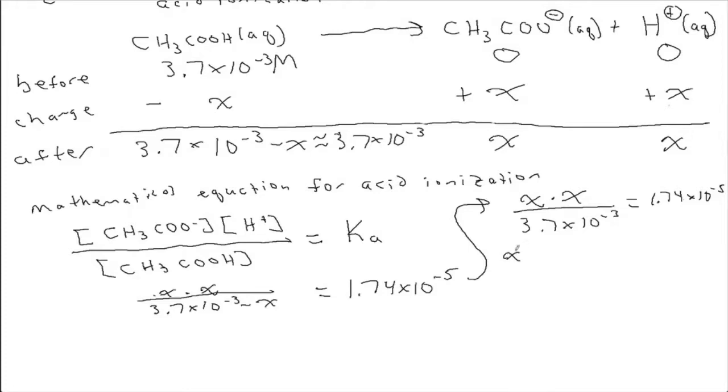So X squared is equal to 6.438 times 10 to the negative 8th.